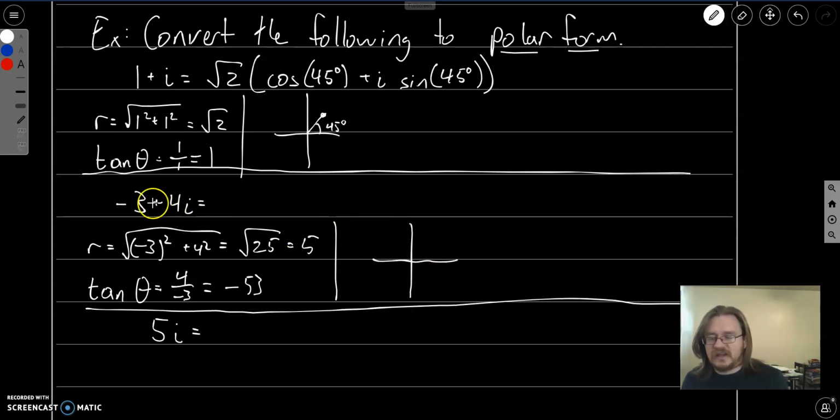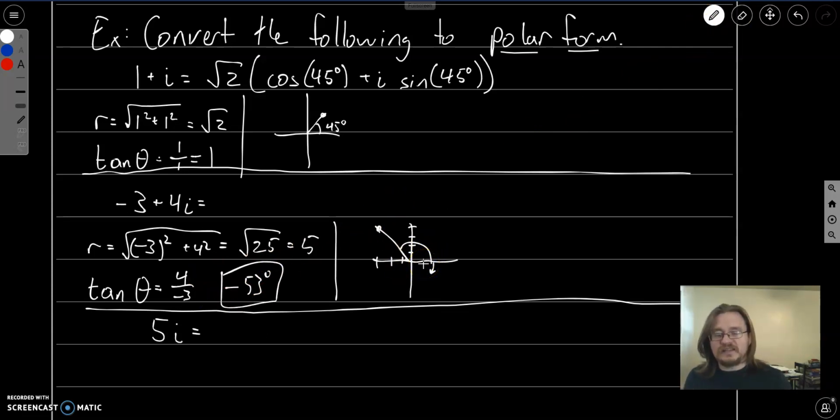When I think about this, I'm going to be at negative 3, so 1, 2, 3, and positive 4: 1, 2, 3, 4. Well, a negative 53 degree angle is going to be down here, right? Because we're negative. But I want the positive number. So the question is, how do I turn this negative angle into this positive angle?